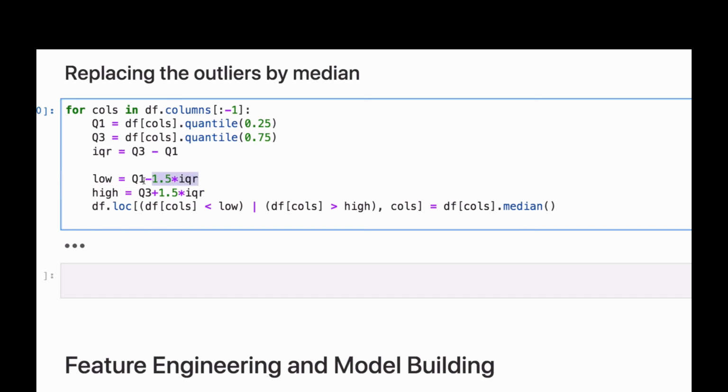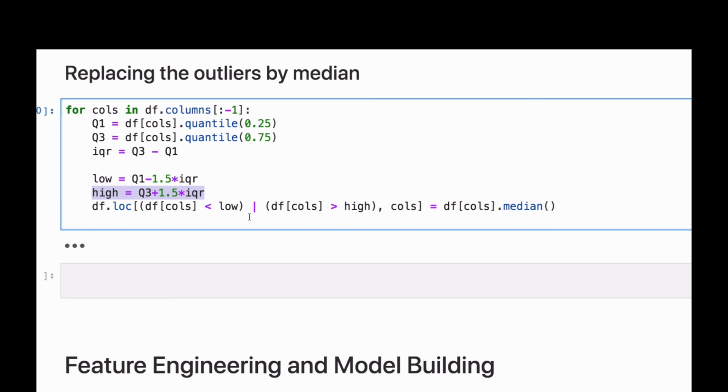It calculates Q1, which is the 25th percentile, and Q3, which is the 75th percentile, then finds the IQR, the interquartile range. Anything below the lower bound will be considered an outlier, and anything above the upper bound will be considered an outlier.